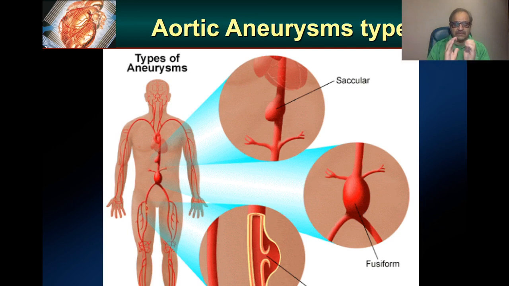Pseudoaneurysm is a condition in which there is rupture of the wall of the aorta, and then there's a formation of hematoma which is then covered by the wall of the aorta, which is adventitia, of course.